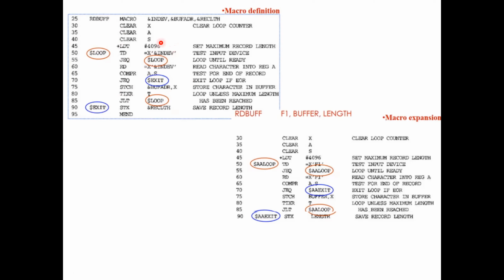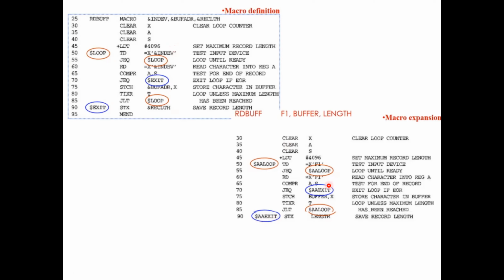So when you invoke the macro, suppose you have a macro expansion RDBuff, F1, buffer and length are passed. The first time the macro is expanded, you can see that loop is replaced with $AA loop. Now look at exit. Do you see anything specific here?